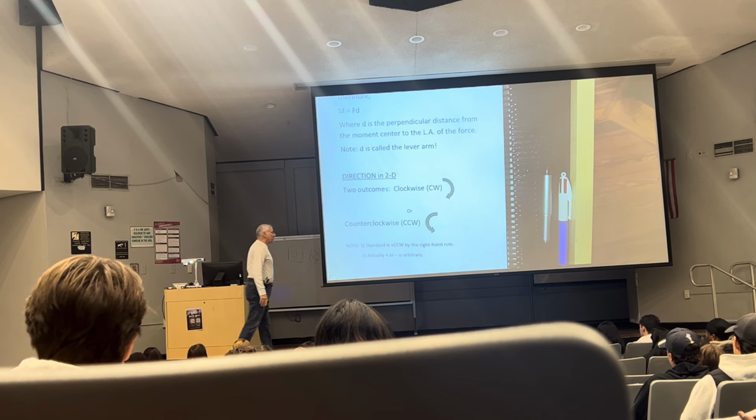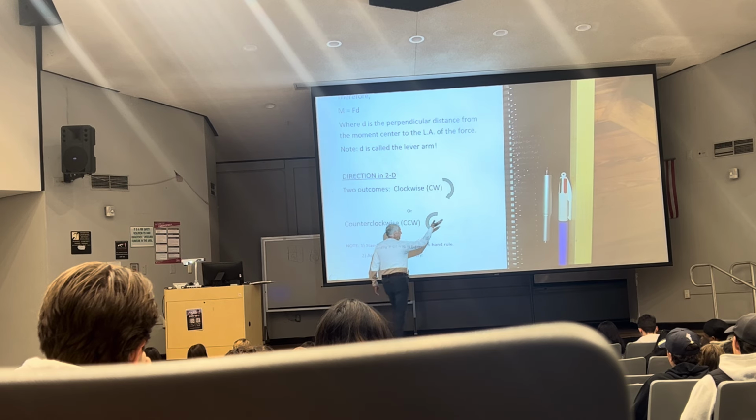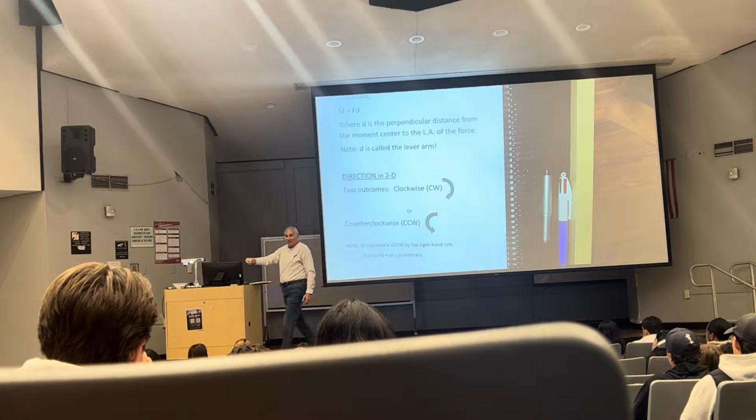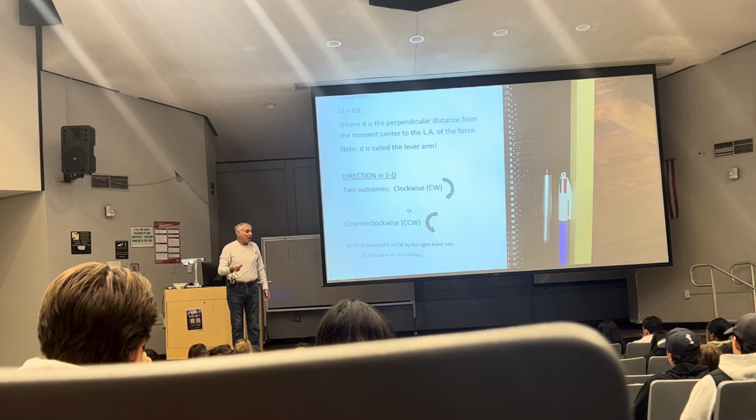Why? Because it obeys the right-hand rule. Here's my x, here's my y, z's coming out at you. I start at x, I curl my fingers to the y, my thumb points to the z, but what type of motion is this? That's counterclockwise. So the standard positive is counterclockwise.